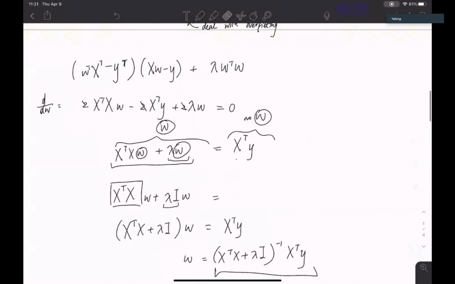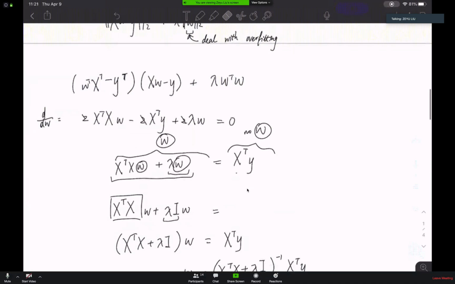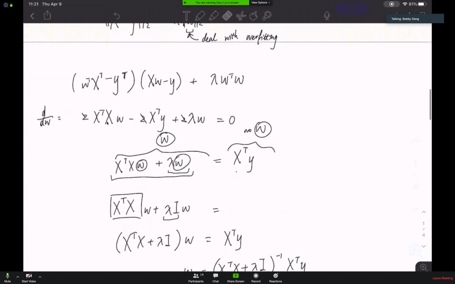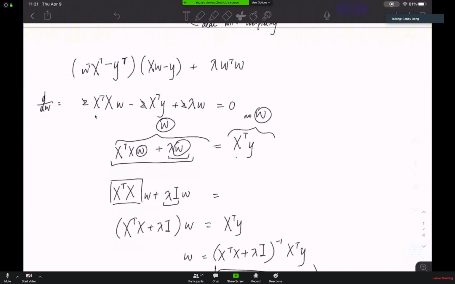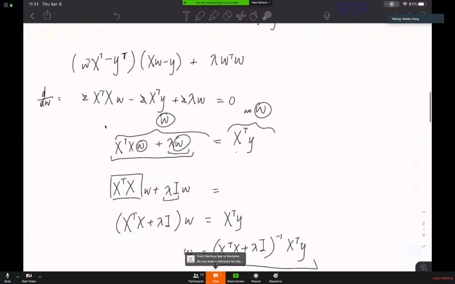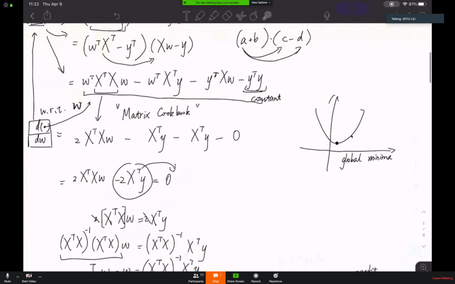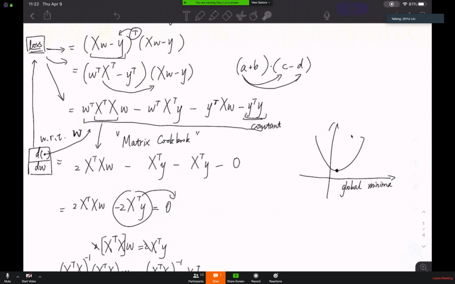Okay. Which, the first one or second one? So you can see this as, when you differentiate with respect to W, you take out its W transpose.